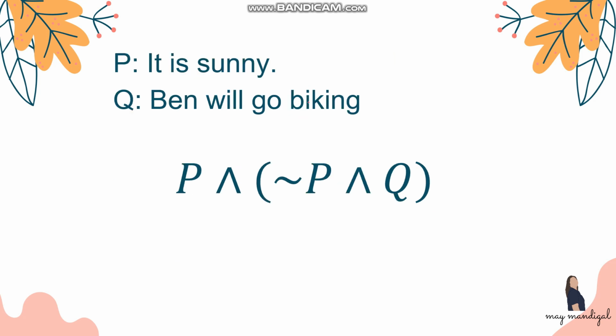And for our last example, let's say we have P, it is sunny, Q, Ben will go biking. So we have here P and not P and Q. So if I will write this in sentence form, it is sunny and it is not sunny and Ben will go biking.